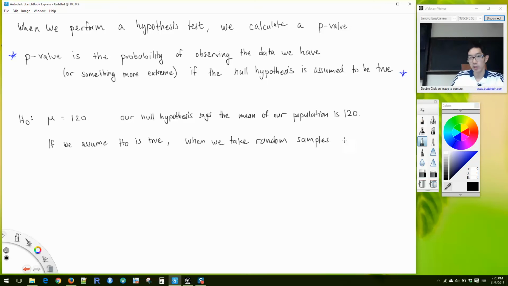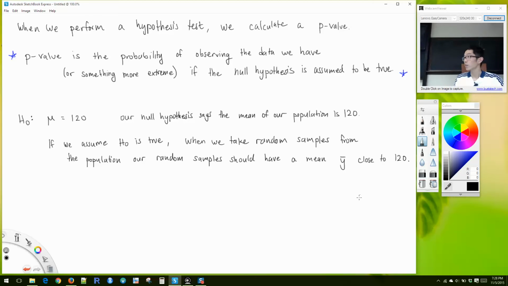When we take random samples from the population, they have a mean y bar close to 120. So far, does that make sense? Our line of thinking? Okay.